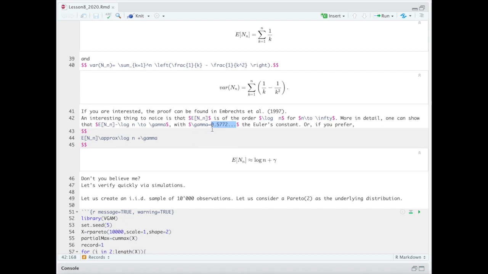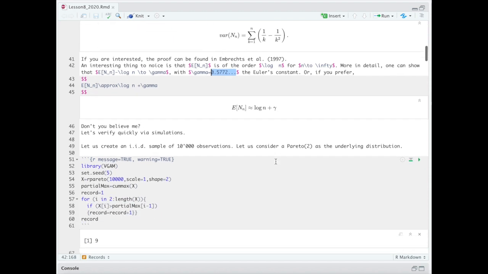So if you want, you can also rewrite everything and state the following. The expected number of records in a sample of size n, for n growing towards infinity, is more or less the log of n plus gamma, where gamma is the Euler constant.